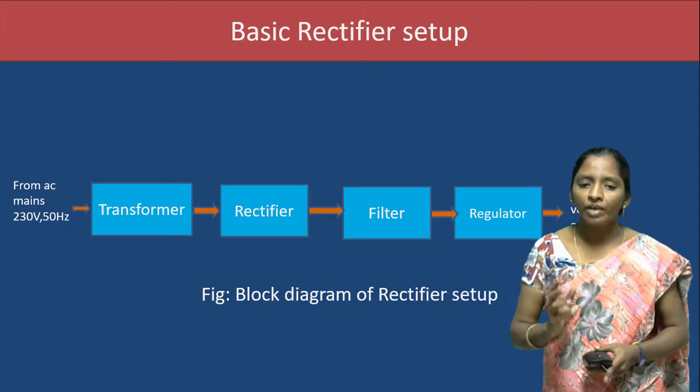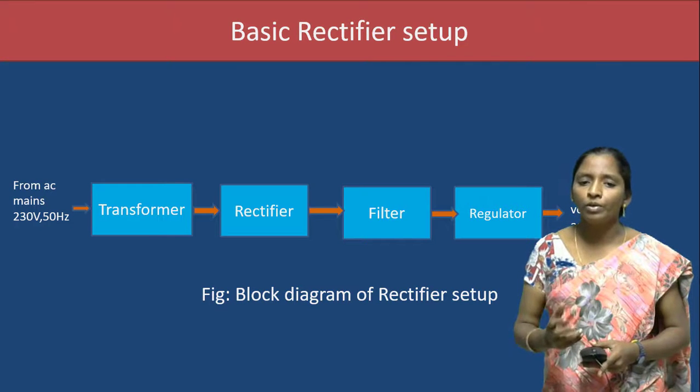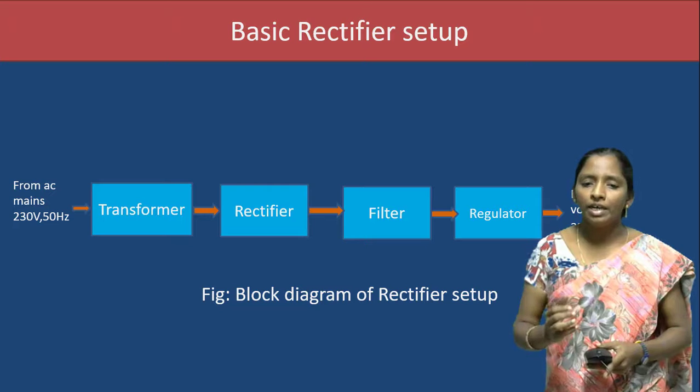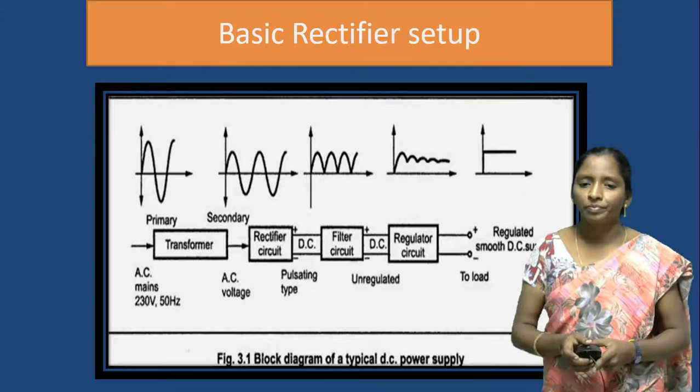After giving the 230 volts to the transformer, it gives a reduced or step down output to the rectifier. Generally the input voltage to the rectifier is 0 to 30 volts.